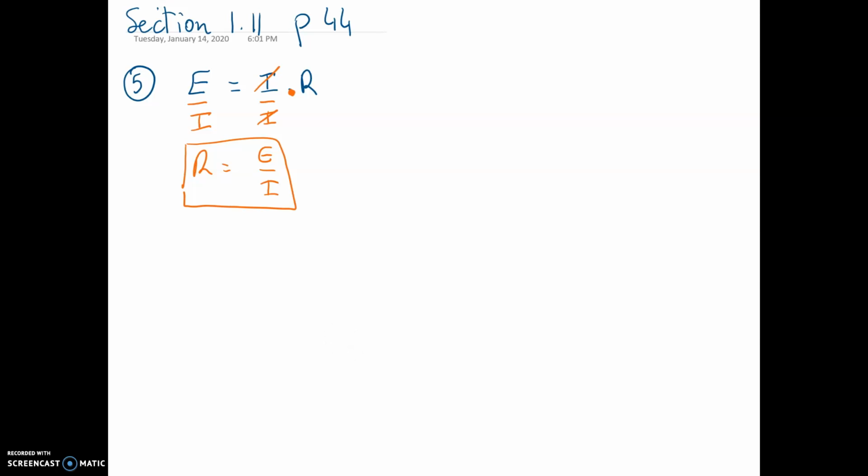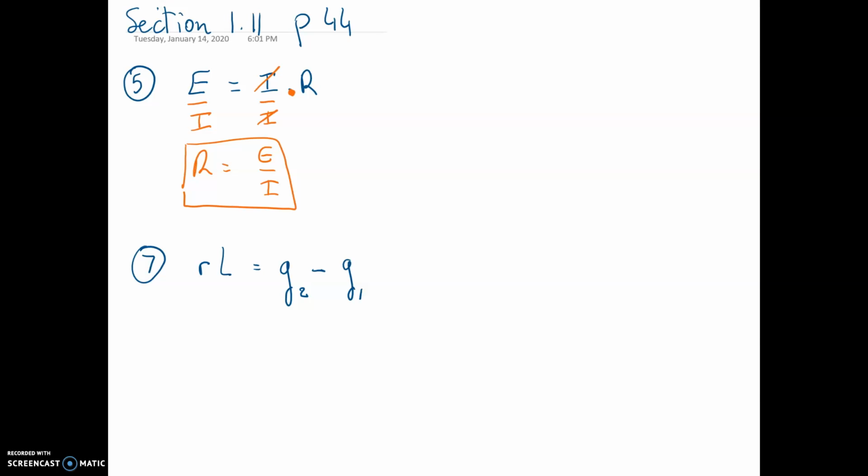Let's try to do another one. Problem number 7: we have lowercase r multiplied by uppercase L equal G2 minus G1. And in this problem, you want to isolate G1.